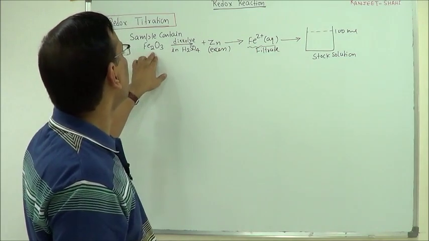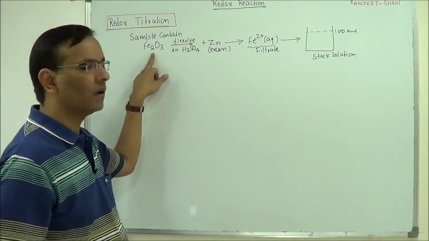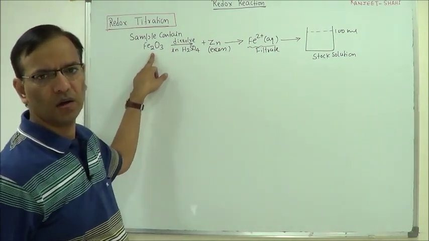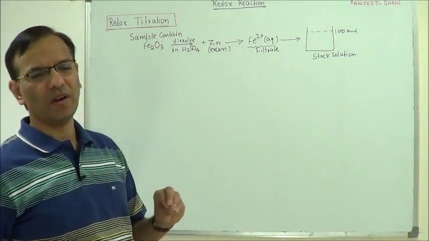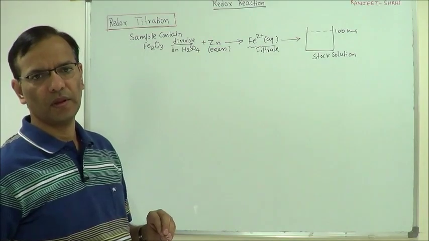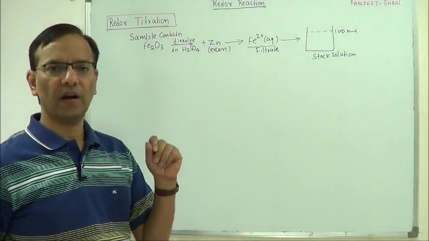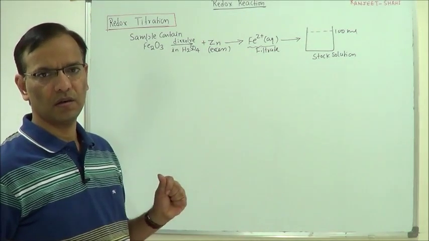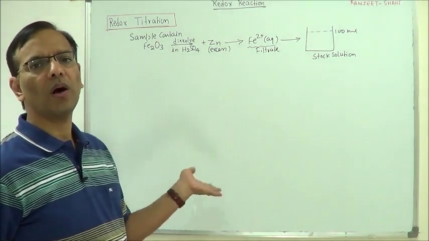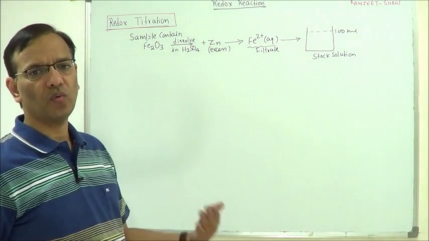So what we have done so far, we have taken a sample which contained ferric oxide. We first dissolved the sample in dilute sulfuric acid, and then we added excess of zinc, which reduced all ferric iron into ferrous iron.